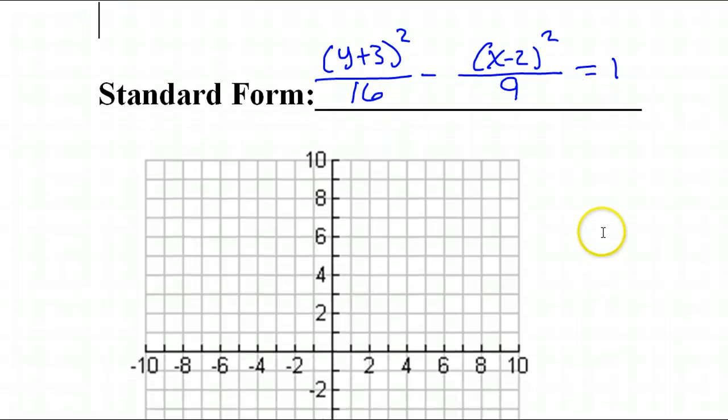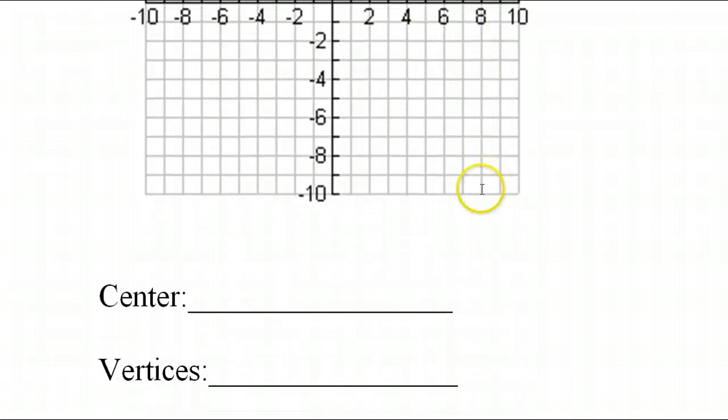The vertex, the center, not the vertex. The center of this hyperbola is going to be visible right here. It's going to be the opposite of these. Don't forget the x has to come first, so it's going to be 2 comma negative 3. See how I changed it? X comes first though. 2 comma negative 3 will be my center.